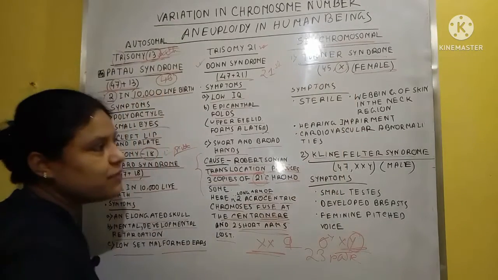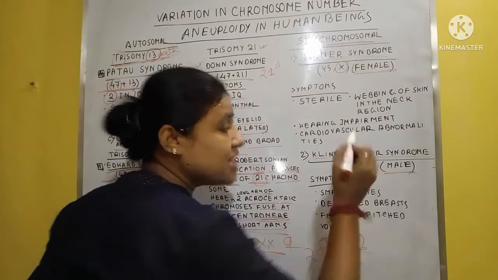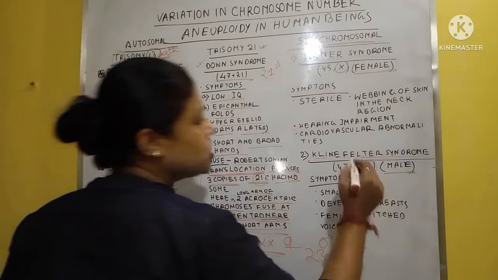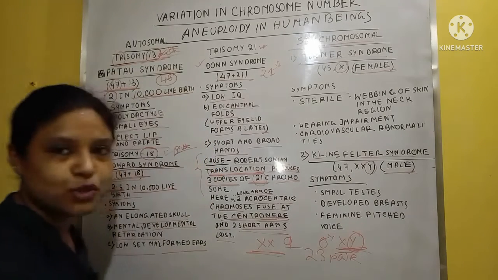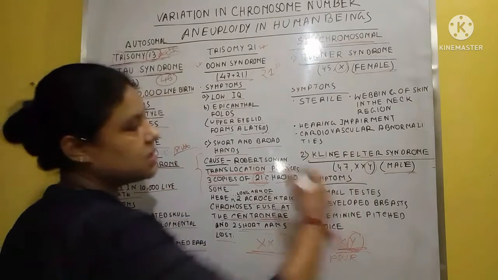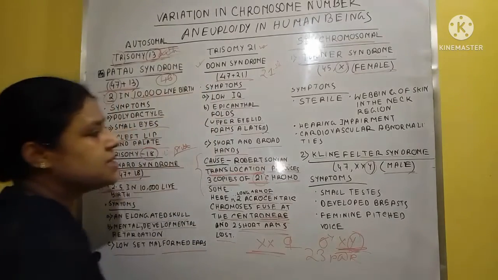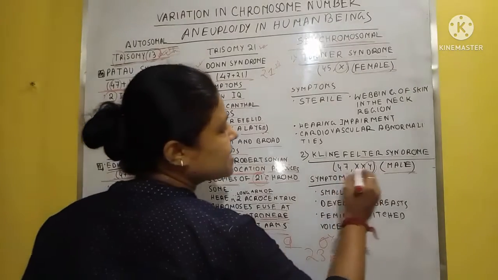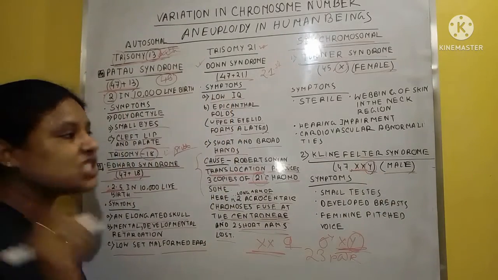But Klinefelter syndrome is seen in the male, because the Y chromosome must be present there. Generally in a male, both X and Y chromosomes are present, but here due to this disease you can see two X chromosomes and a Y chromosome. The number of X chromosomes is extra.